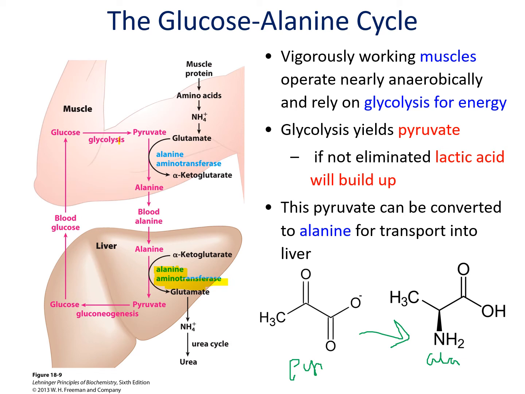If you go to the doctor, I just recently went to the doctor and they checked my alanine aminotransferase levels to see how my liver was functioning. And so this is a test for liver function, and why? Because you need alanine aminotransferase to take off that amino group and give you pyruvate so that you can create glucose so you can continue to work under anaerobic conditions.